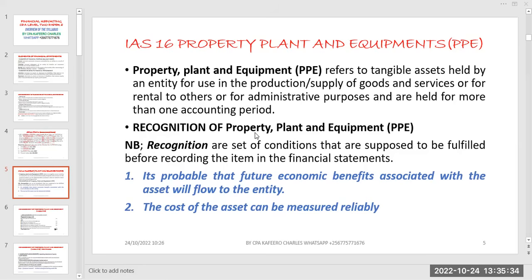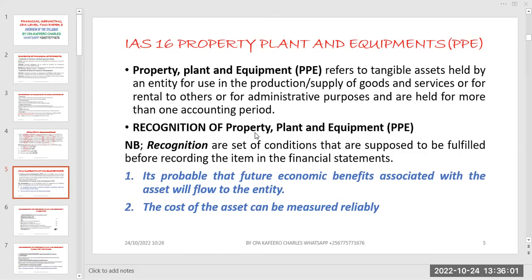If it is a current asset, it is accounted for under IAS 2. That is inventory. Just know that, as far as assets are concerned, they are categorically classified in different segments, and each segment has its own standard that handles it.